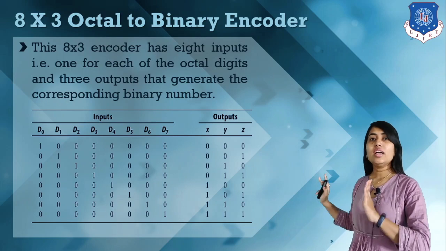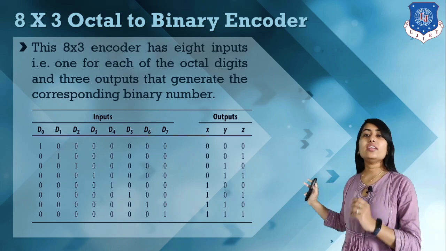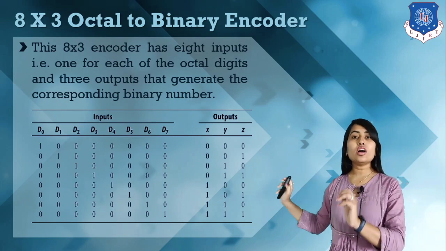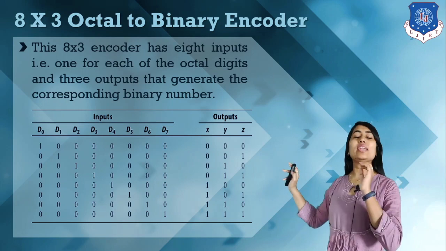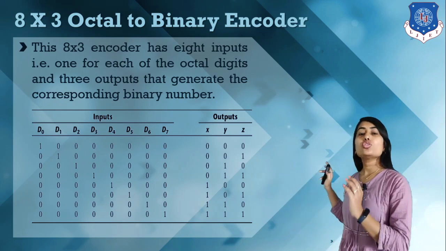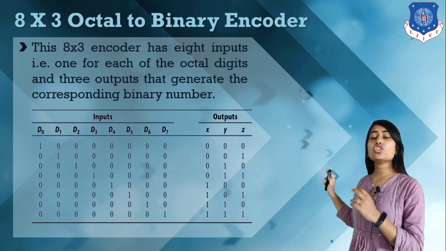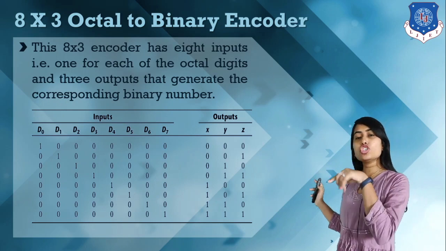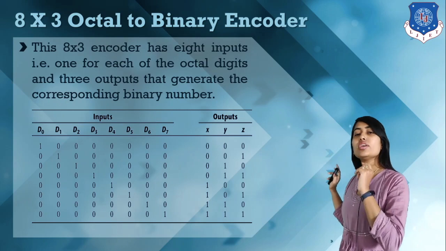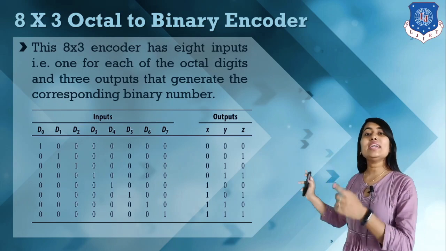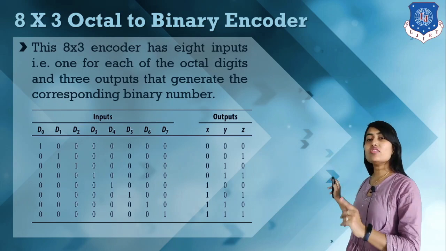At a time only one input is active. So when D0 is active, the output XYZ is equal to 0, 0, 0. When D1 is active, we have 0, 0, 1.